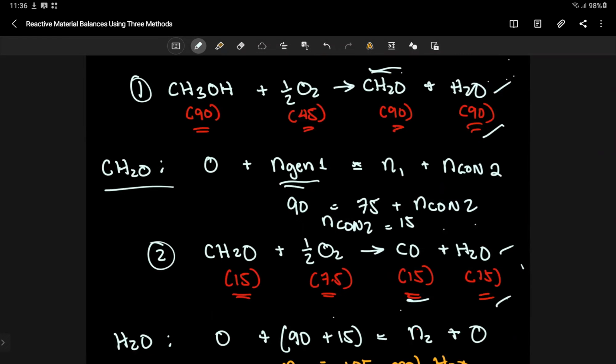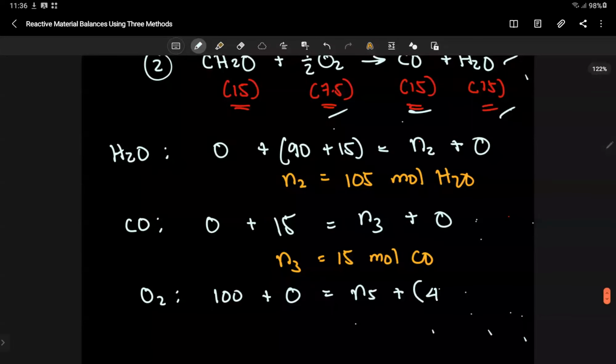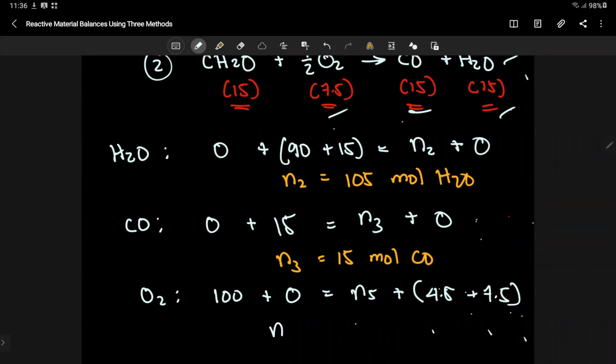So pareho na may consumption ni oxygen for both reactions. Eh, ilan naman? Yung isa 4.5, yung isa 7.5. 4.5 plus 7.5. So therefore, N5, you will get that to be 0.5 moles of oxygen.